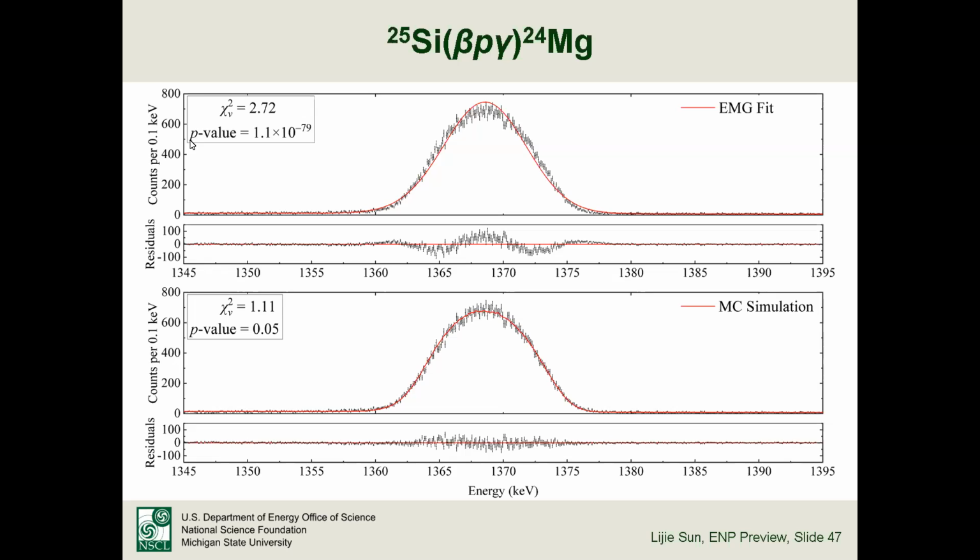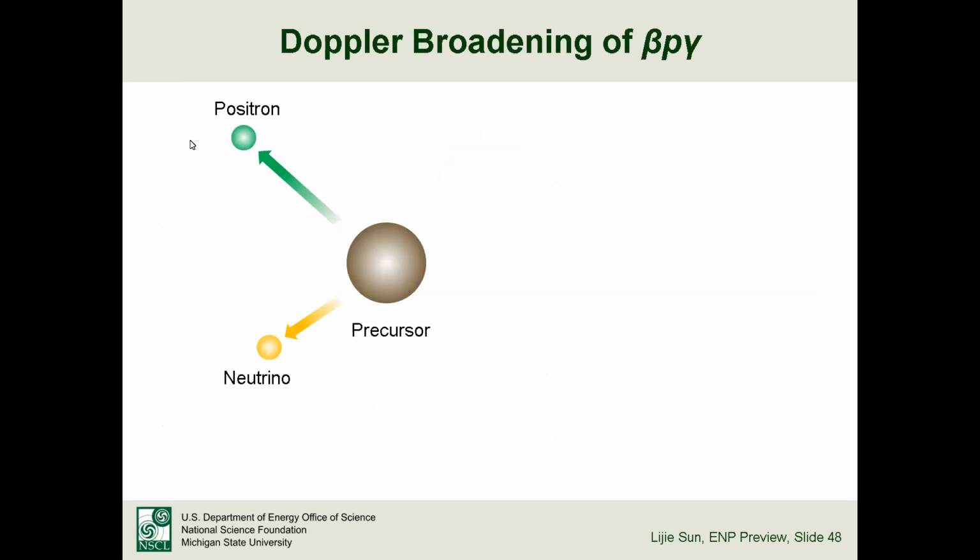So to give you an idea how we did this, let's say after beta-plus decay, a proton is emitted from a nucleus, then the daughter nucleus will recoil with equal and opposite momentum to the ejected proton due to the conservation of momentum.